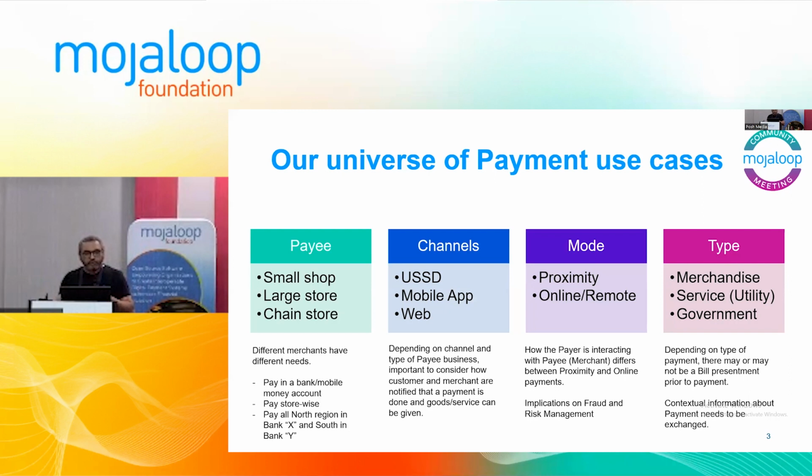Are we talking about a payee who's a small shop with a static QR or a till code, or a large store with multiple checkout counters, or a chain store with multiple locations or virtual locations? Each type of merchant would have different needs.